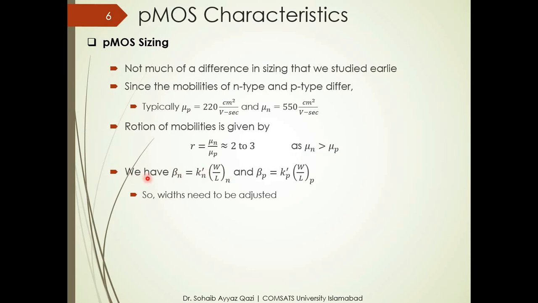And we can say that beta n is equal to kn multiplied by W by L, and beta p is equal to k bar p W by L for p. So widths need to be adjusted: if we have to do the sizing, we can adjust the widths so that we can achieve our required betas. Another thing to observe here is that whenever we use n with beta, it is linked with the NMOS, and similarly W by L and n means we are talking about the NMOS width and length.